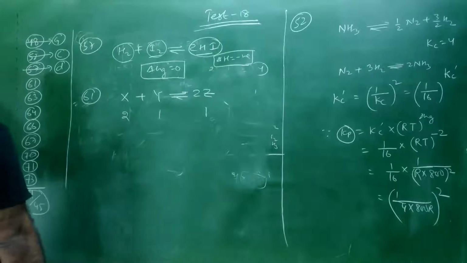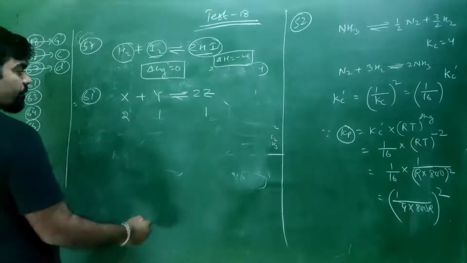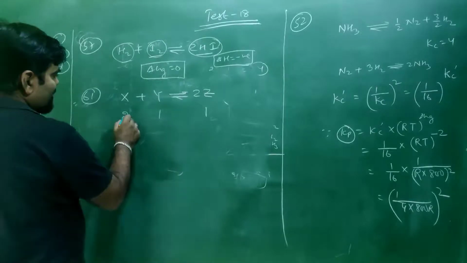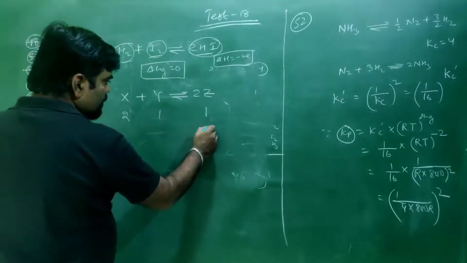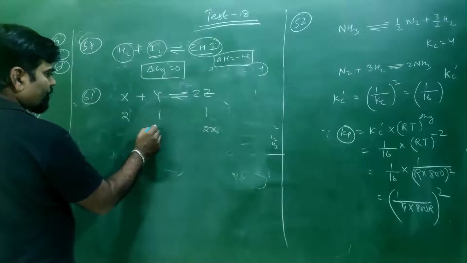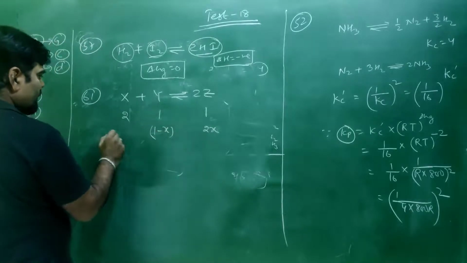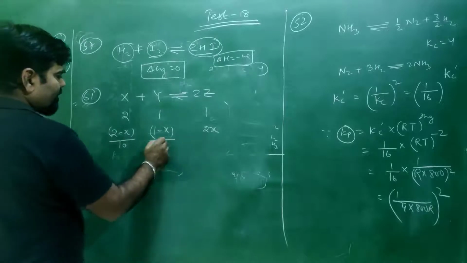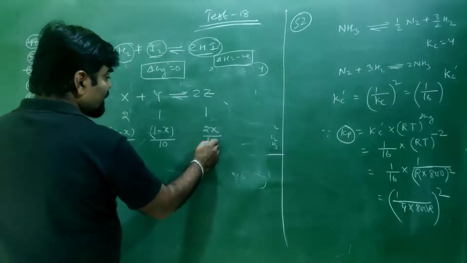The final concentration of Z is 0.2 molar. Let's say x is the degree of dissociation. So Z will be formed as 1 plus 2x, Y will be 1 minus x, X will be 2 minus x, each divided by 10 liter.